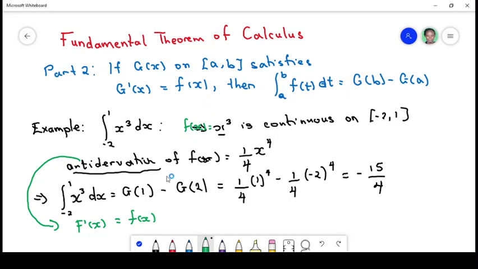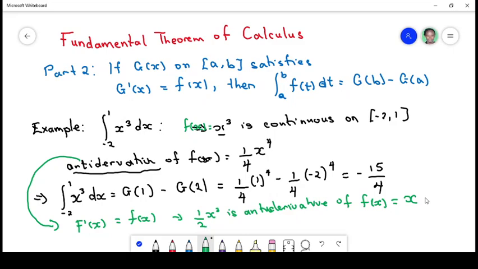So example, you realize that 1 over 2 x squared is the antiderivative of the function f of x equal to x.